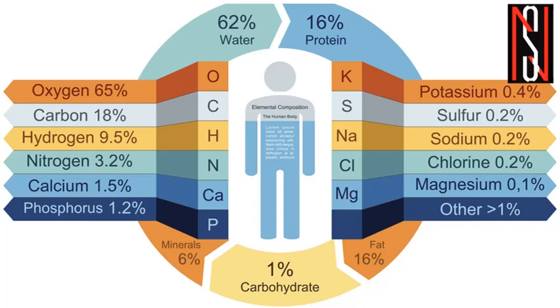So the term bioinorganic, a composite of biology and inorganic, is used to describe the occurrence and properties of inorganic elements in living systems, and these elements are extremely important for our day-to-day life.